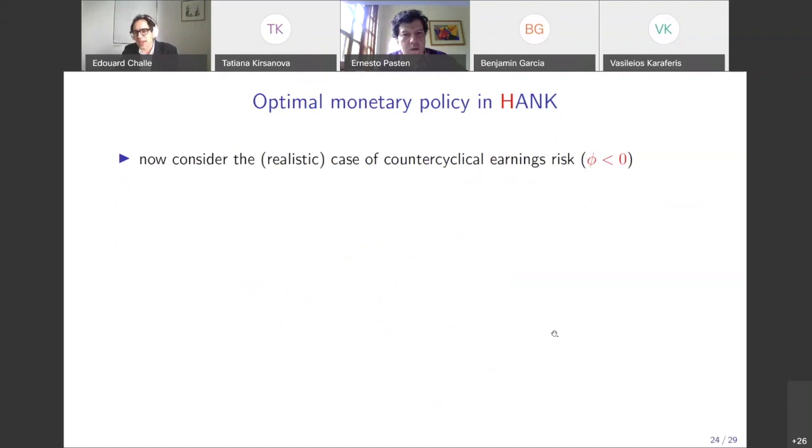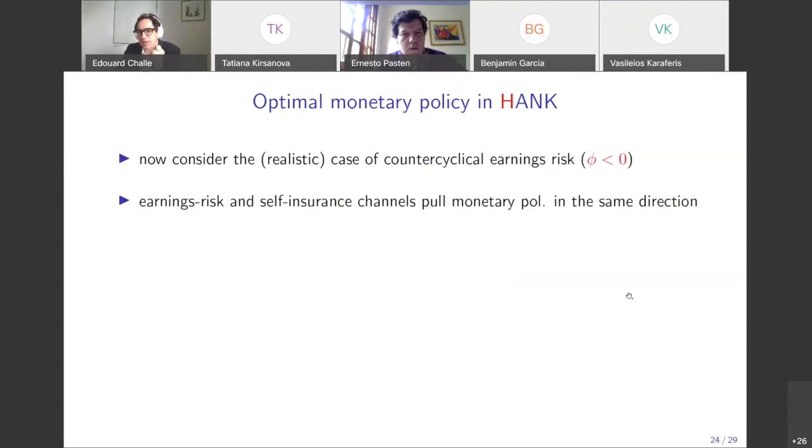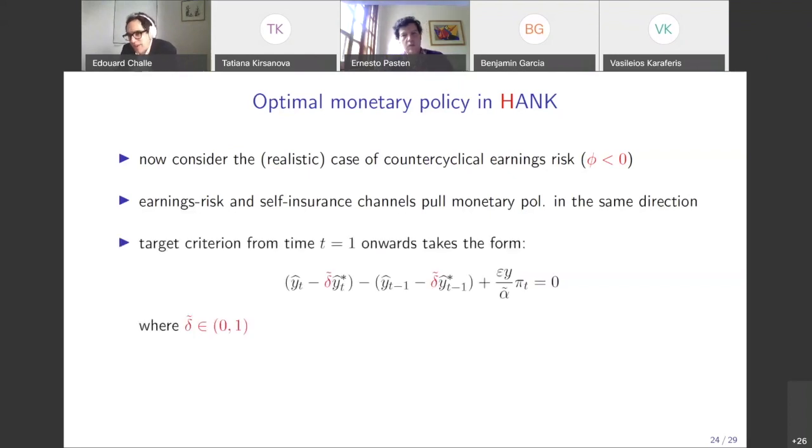Now, consider the realistic case where risk is not procyclical but countercyclical. So risk is greater in a recession. Then the two forces I've referred to pull monetary policy in the same direction. So typically, suppose you have a recession. The recession is costly, risk increases, so you have even more of a motive to accommodate the shock.